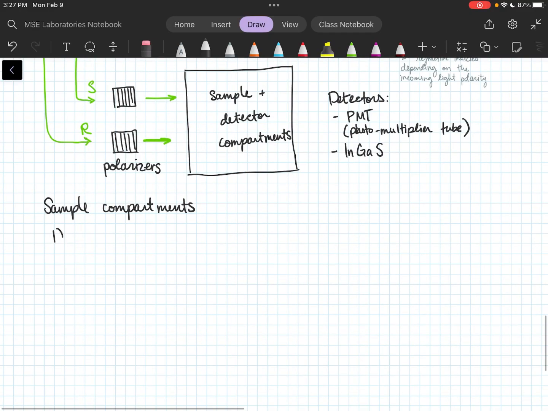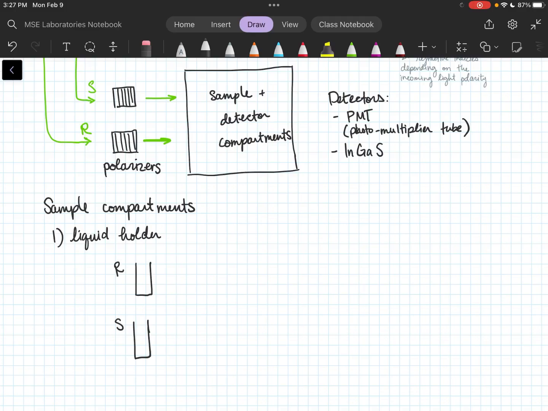The two most common sample compartments that you'll see is one, a liquid holder. It's got a place for 2 cuvettes. You fill them up with your liquid and reference of choice, and the light passes through them.